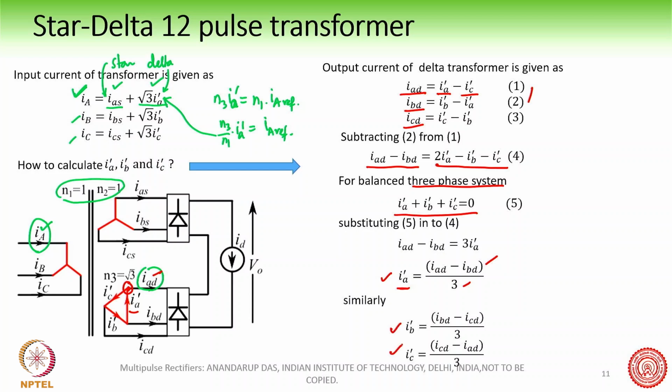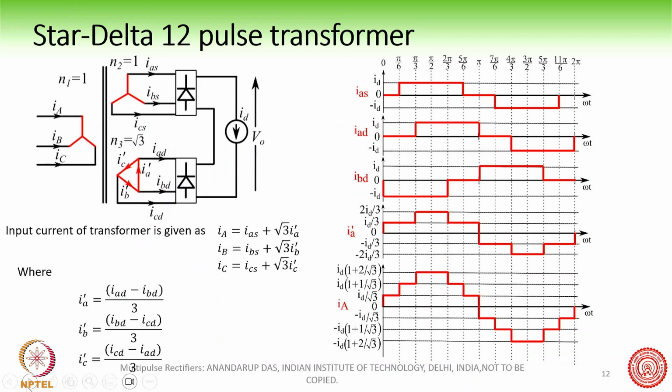These are the currents which are flowing. Now after we have obtained these expressions, we can say that the input current of the transformer is I capital A is IAS plus √3 IA dash, where we have already got these values of the currents IA dash, IB dash and IC dash.